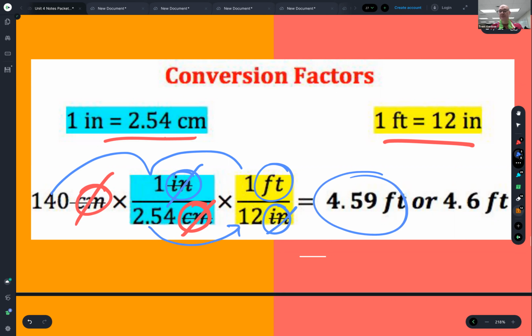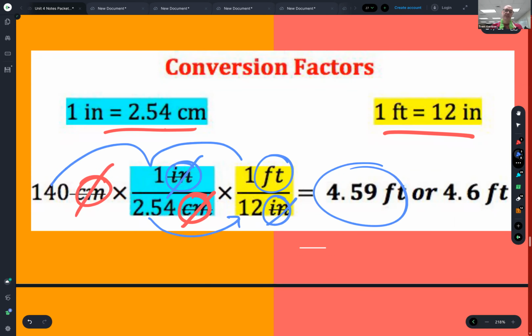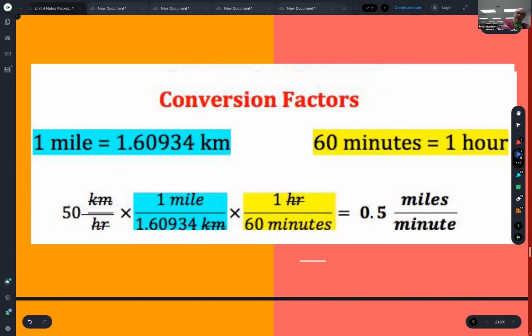4.6 is your answer. Now, doing another one of these for time or for a rate, speed, kilometers per hour. If I'm going 50 kilometers per hour, how do I convert this into miles per minute? Could be miles per hour, could be miles per second. They just chose miles per minute. So again, units for kilometers cancel out, top and bottom.